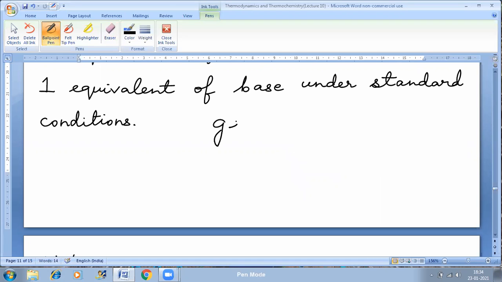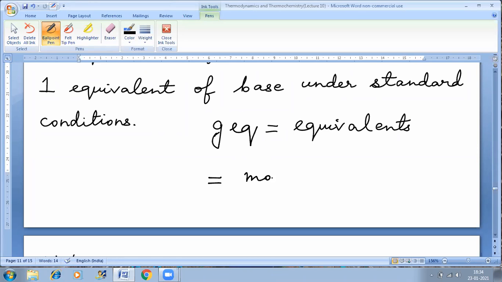Now what is GEQ? GEQ is equal to number of equivalents or gram equivalents, कुछ भी बोल सकते हो. Short form is GEQ. That is equal to number of moles multiplied by n factor.